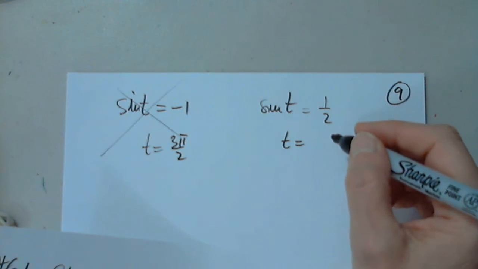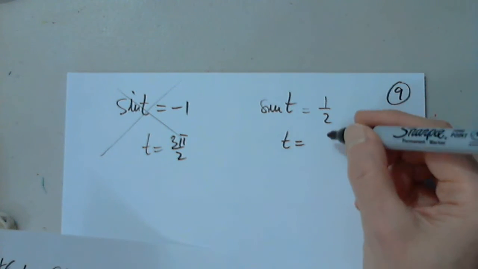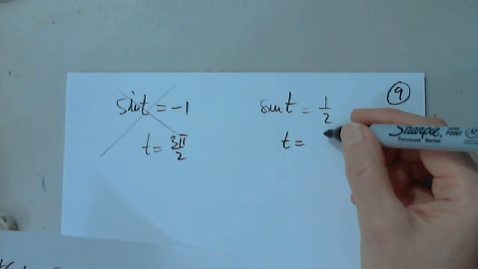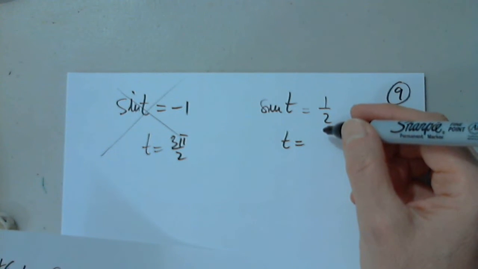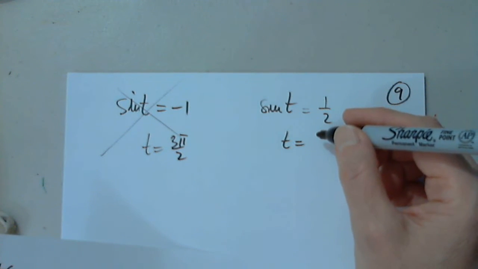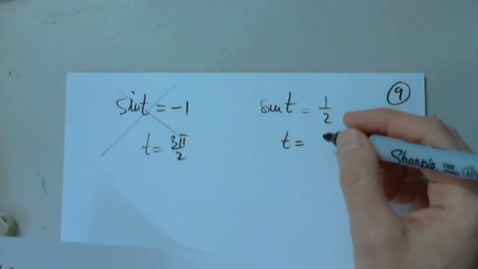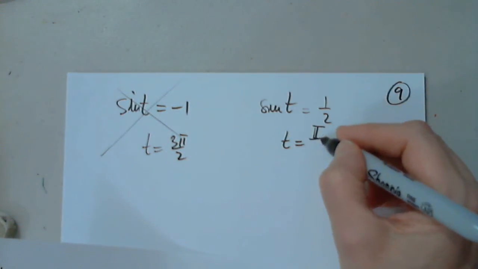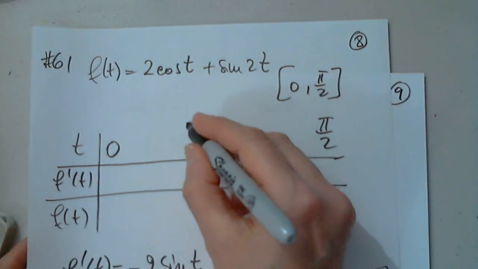It's the smallest angle we work with. Nobody remembers the smallest angle we know? Pi over 6. Thank you very much.